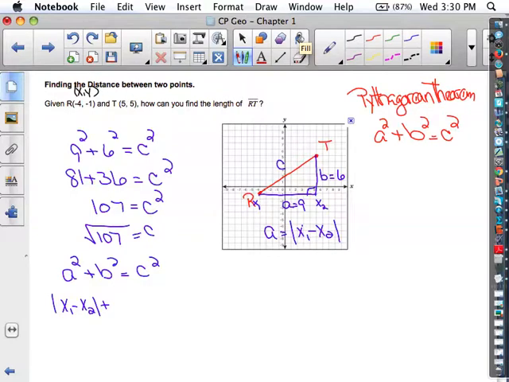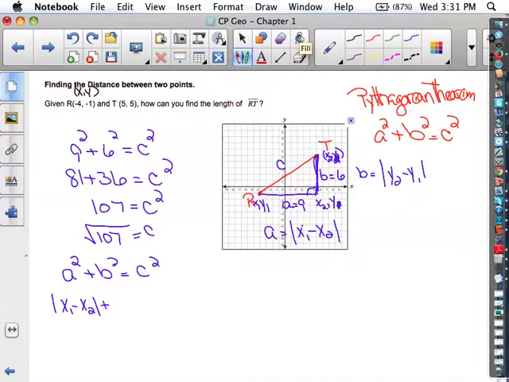B then can be represented as follows. This is x1, y1, and this is x2, y2, and that's x2, this would be y1. So we can look at the length of this line between those two as the absolute value of y2 minus y1.